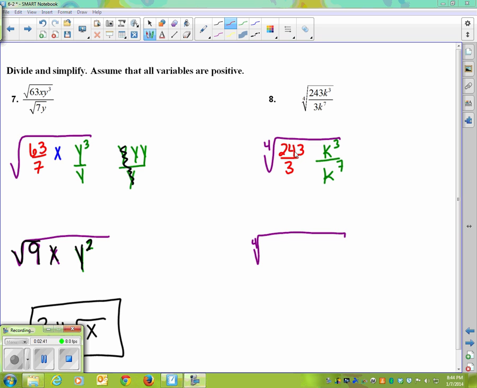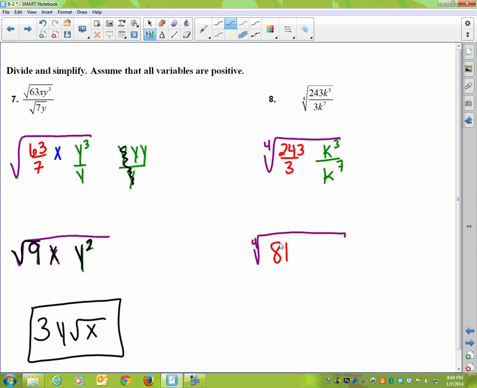Looking at 243 divided by 3, it gives me 81. And looking at my variables, if it helps, you can write them off to the side.